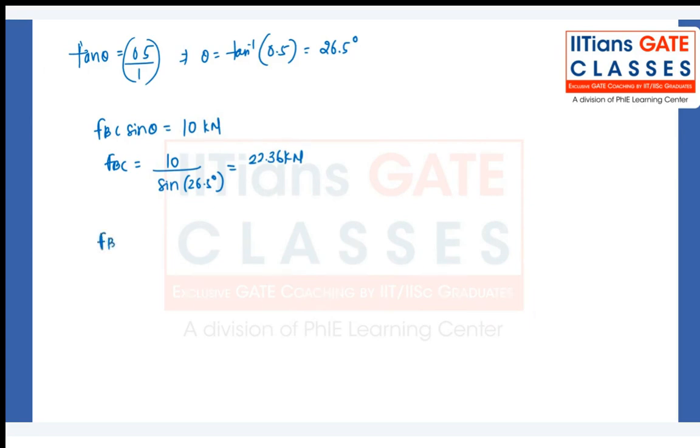As I said, the horizontal component of BC has to be equal to the force in the member AB.